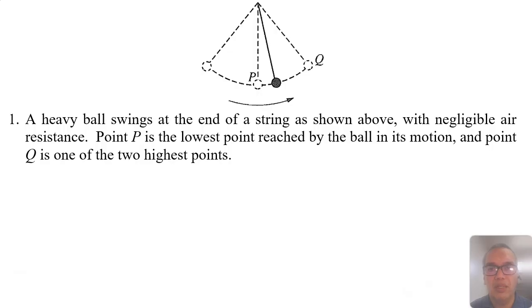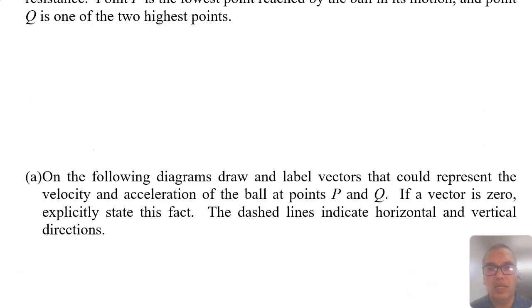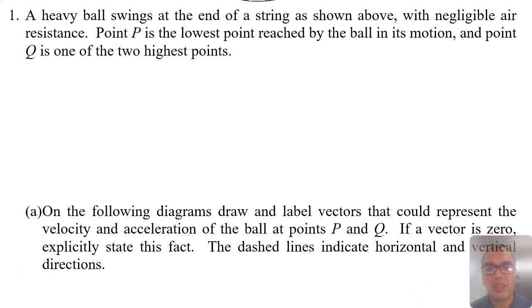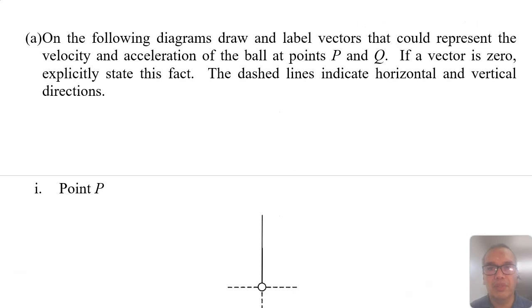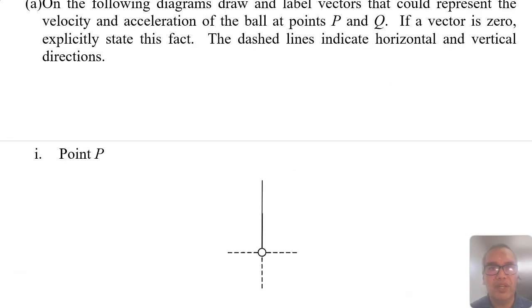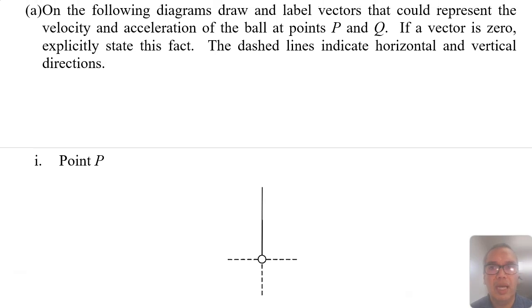In particular, they want you to analyze this. On the following diagrams, draw and label vectors that could represent the velocity and acceleration of the ball at points P and Q. First of all, it's very important that you understand how to follow the instructions to the letter.